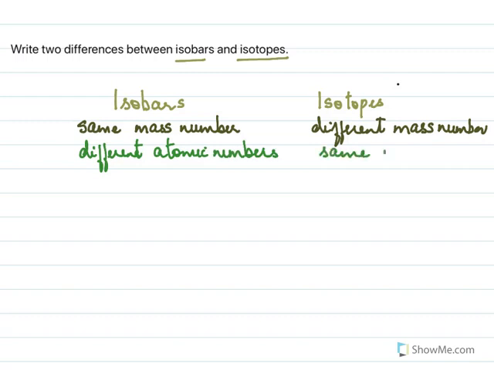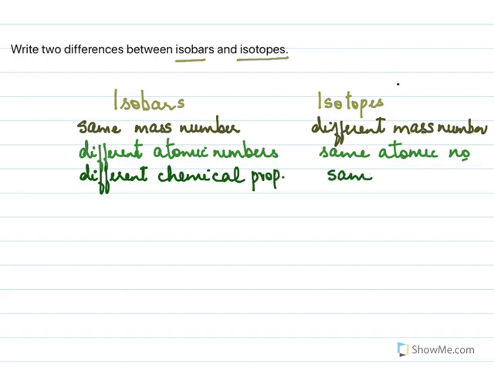Here these have the same atomic number. When it comes to chemical properties, since atomic number is different, isobars have different chemical properties. Here, same chemical properties.